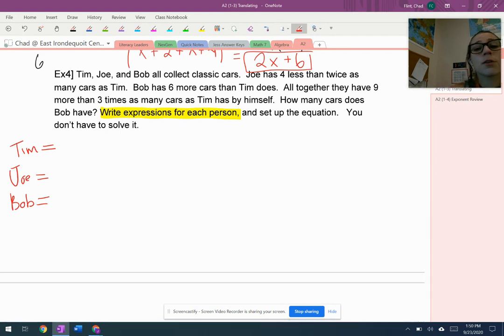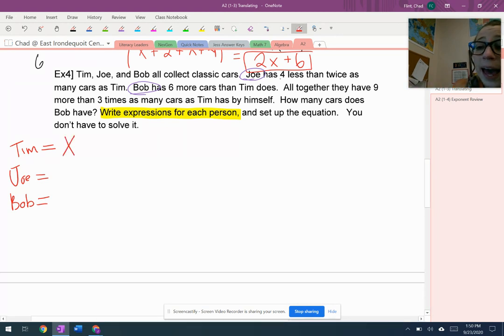Now, you're looking for the person who has the least amount of information first to be your plain old x. Joe has 4 less than twice as many cars as Tim. So this sentence is talking about Joe. Bob has 6 more. This one's talking about Bob. So the only one we don't have any information about right now is Tim, which means Tim has to be our x.